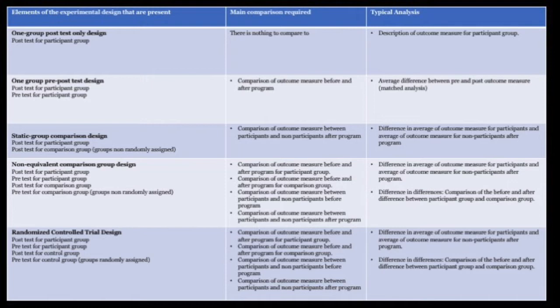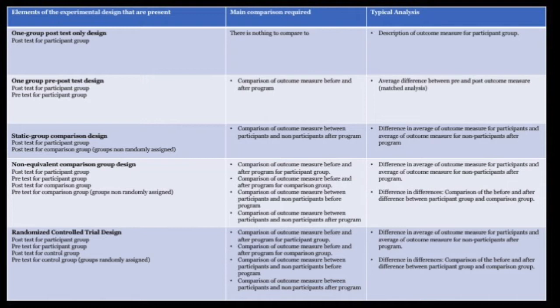That's the only comparison that you can do. And you can do the average difference between pre and post outcomes in a matched analysis, right? Get for each participant, what was their outcome before, what was the outcome after, and do that, right? It's not going to give you a complete causal analysis, but you can get some information from that comparison.